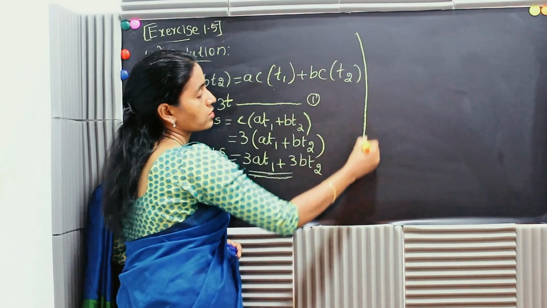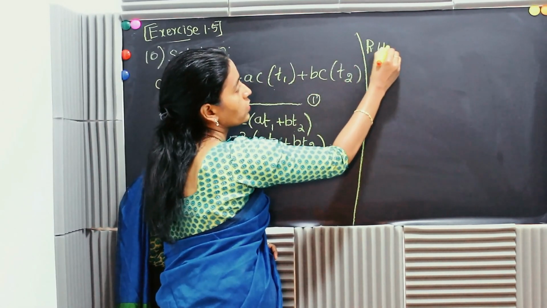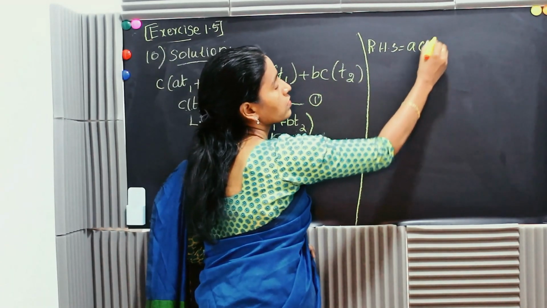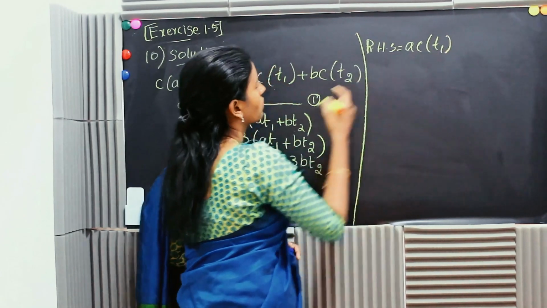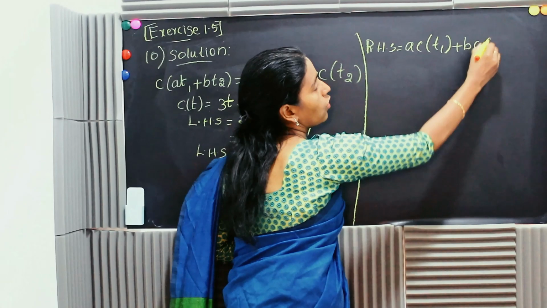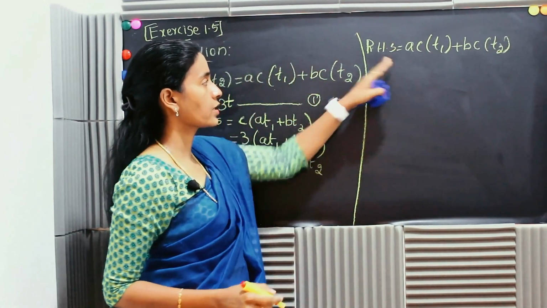Next we should simplify RHS. What is RHS? This is RHS, right? RHS equals a C of t1 plus b C of t2. This is RHS.